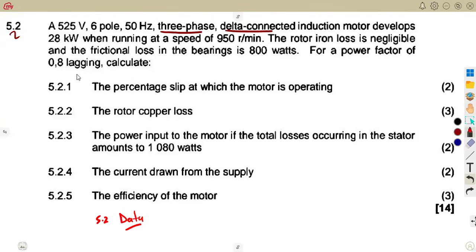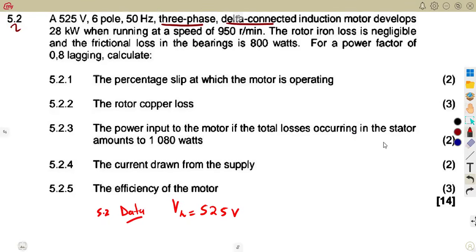This is simply the line voltage. They are giving you line values. So you've got the line voltage, which is 525 volts, and the number of poles, there are 6.